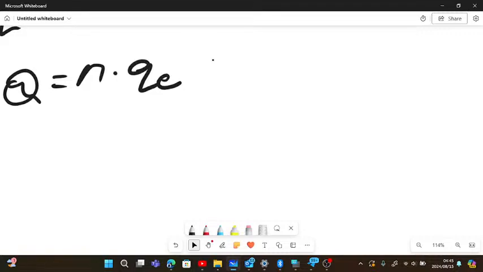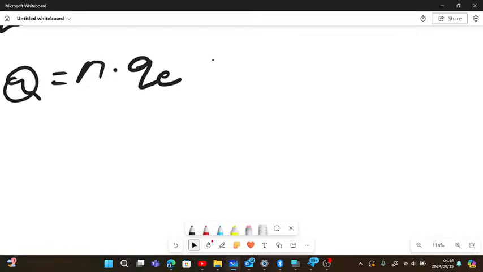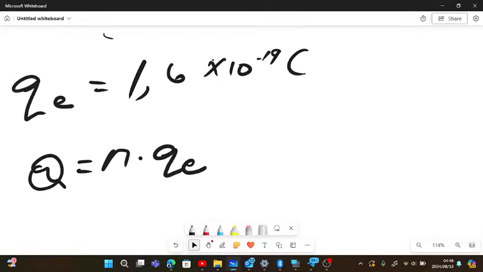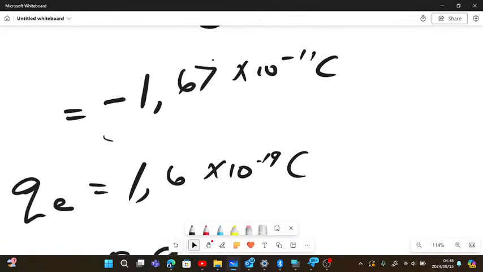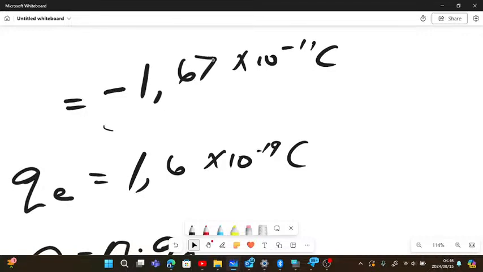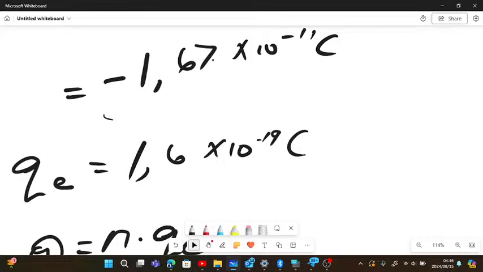And the secondary thing that we have is, how do we calculate the transfer? Okay, let's try and use the one that we calculated, negative 1.6 times 10 to the exponent negative 19, to calculate the change in charge.